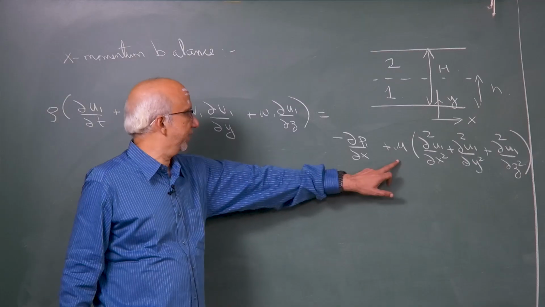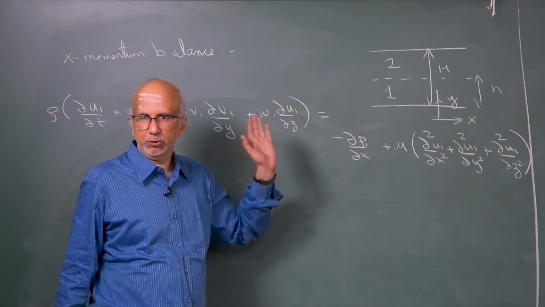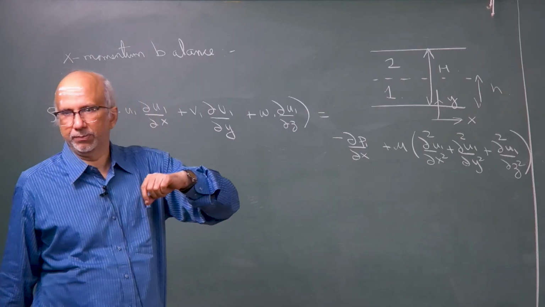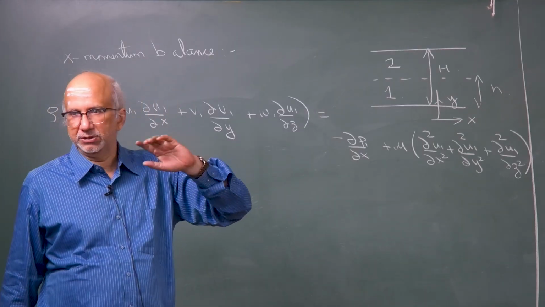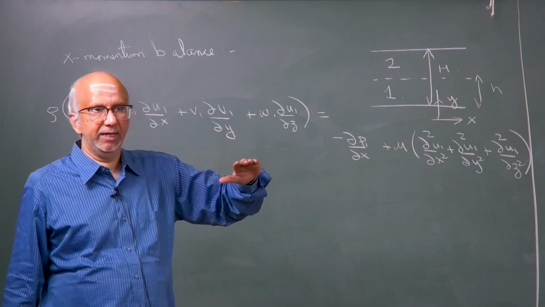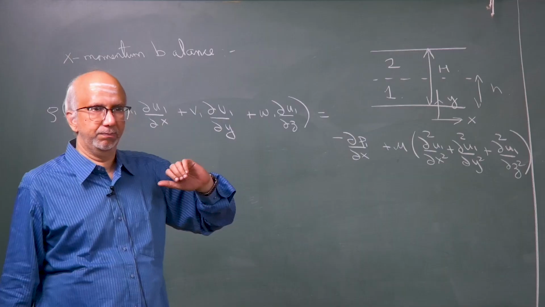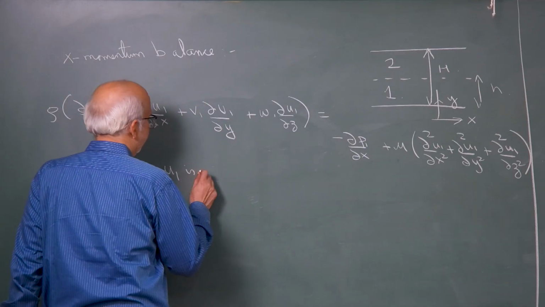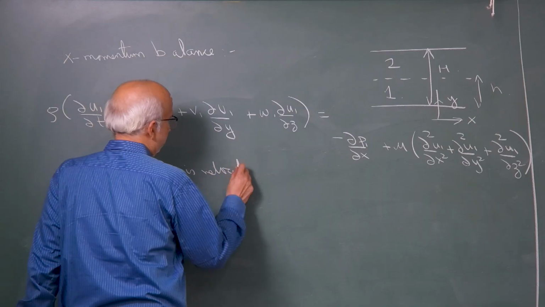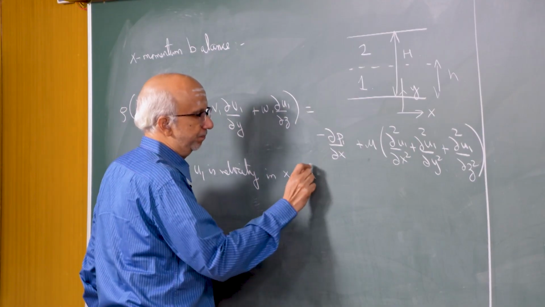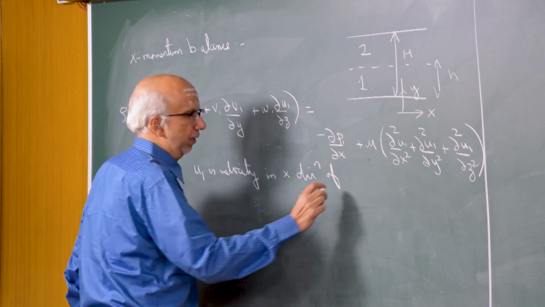This is the viscosity, this is the pressure in the first fluid. So, the subscript 1 tells you it is the first liquid, and u1 is the velocity in the x direction of liquid 1.